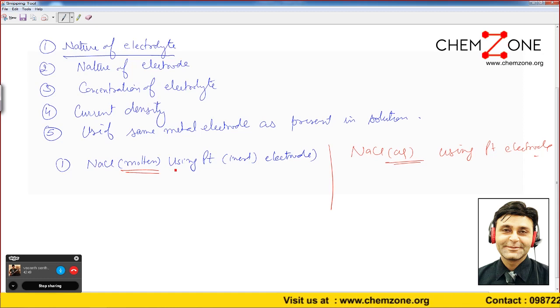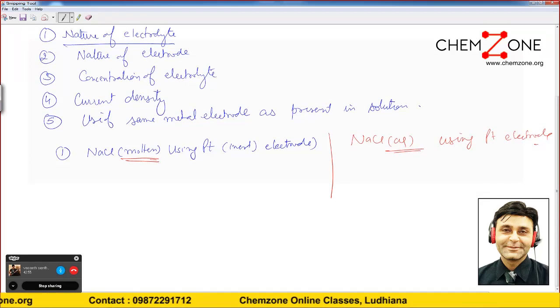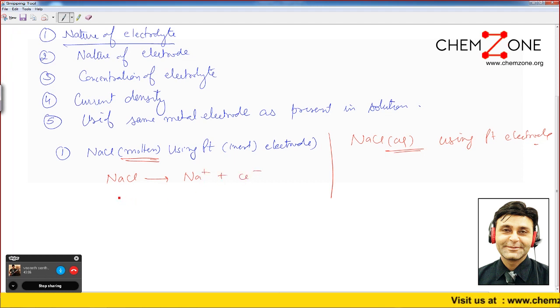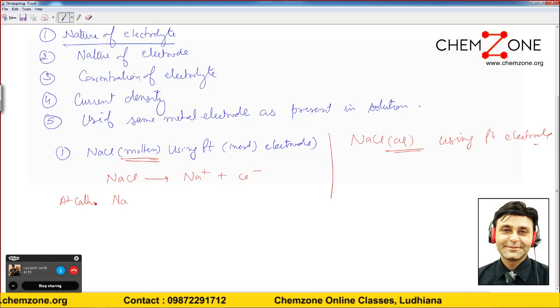Okay. The product formation in the two cases is different here, right? What is the difference? Let us see. In case of the molten, we have already discussed that this will give sodium positive and chloride negative. At cathode, which is negative, the positive ion will be attracted and sodium will be formed here.